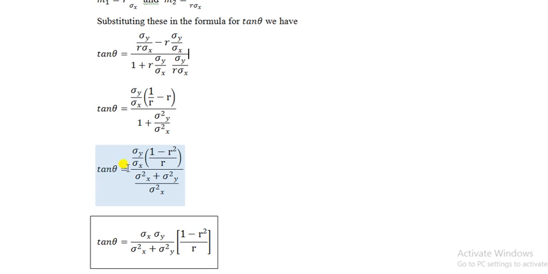Now in the numerator, 1 by r minus r, here the LCM is r, so 1 minus r square divided by r.